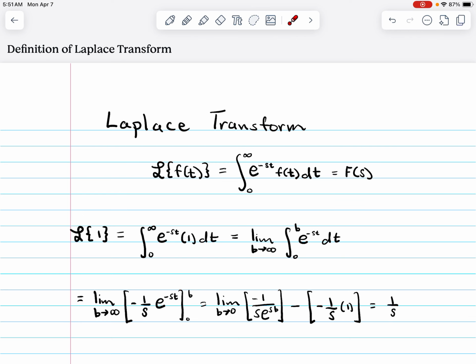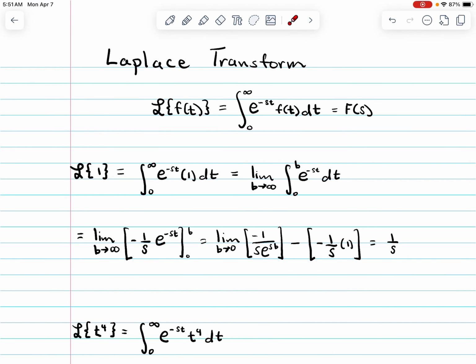Then we go through the process. The antiderivative of e to the negative st is negative 1 over s e to the negative st. I just take the e and divide by the derivative of the exponent. And now I've got the limit as b goes to infinity.